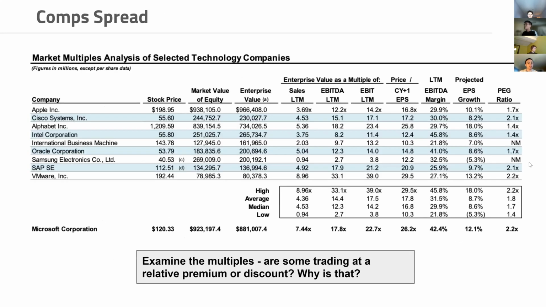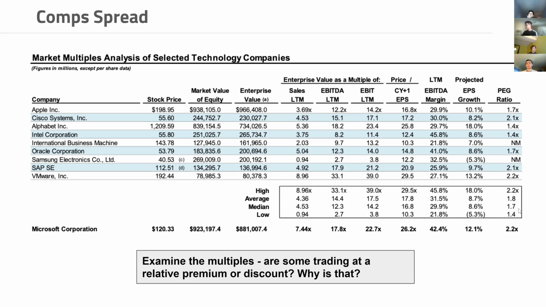And next slide. And so here's what we would describe as a comp spread. It's a pretty common chart that many of you have already seen, so I won't belabor the point, but you can see, for the most relevant multiples on the right here, you have the range shown with a high, an average, median, low, and then our target company that we're doing this analysis on will be at the bottom.